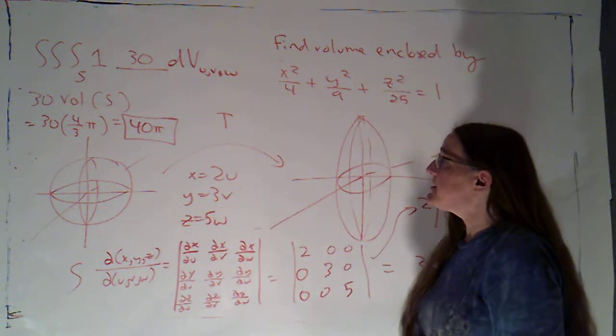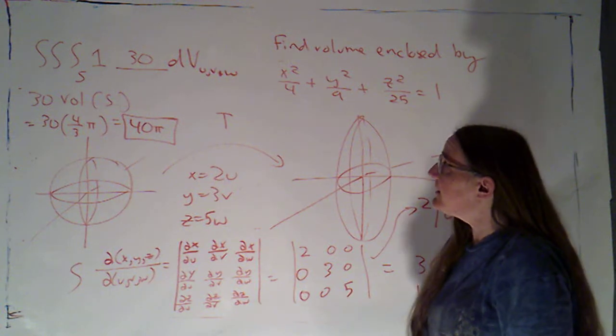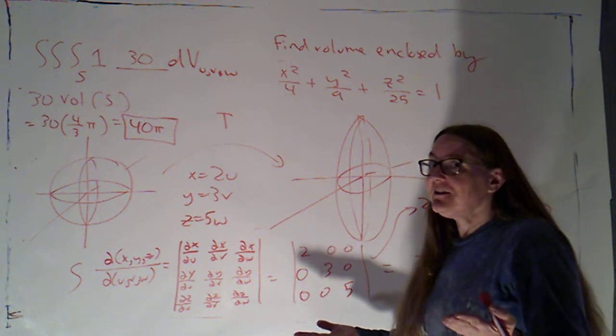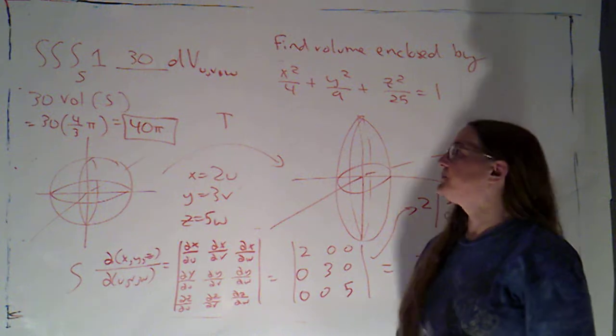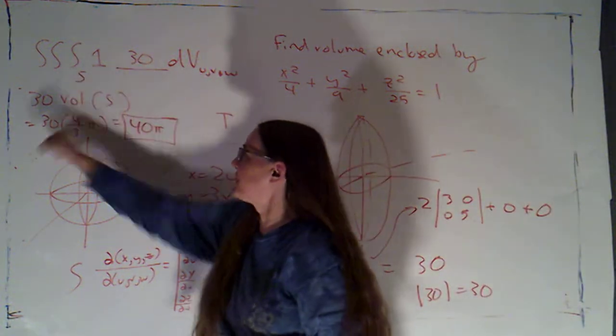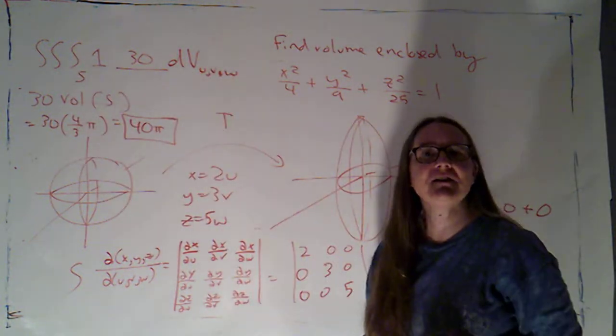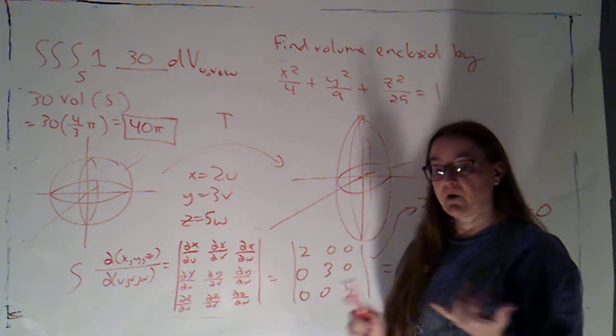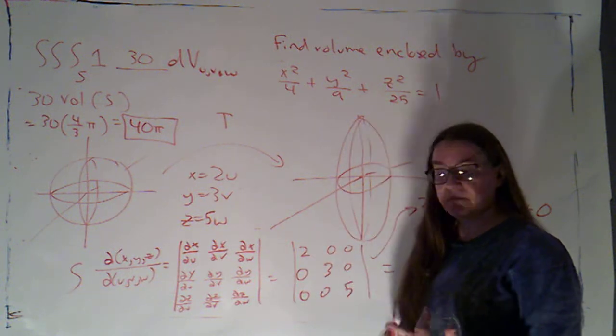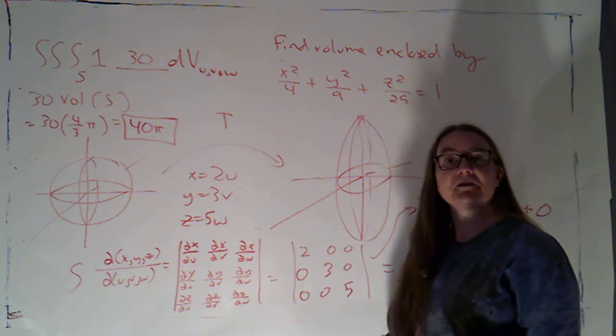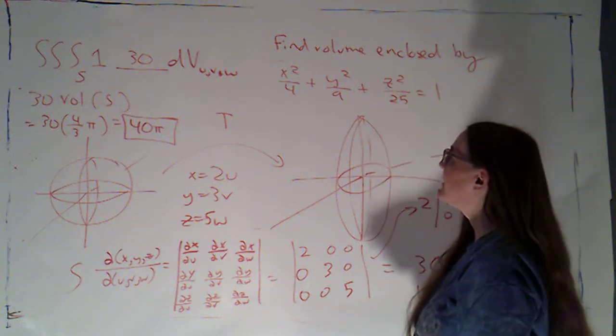But basically, I would just be integrating rho squared sine phi, times 30 obviously, over the limits for the unit sphere. Rho goes from 0 to 1, phi goes from 0 to pi, theta goes from 0 to 2 pi. Very nice to see.